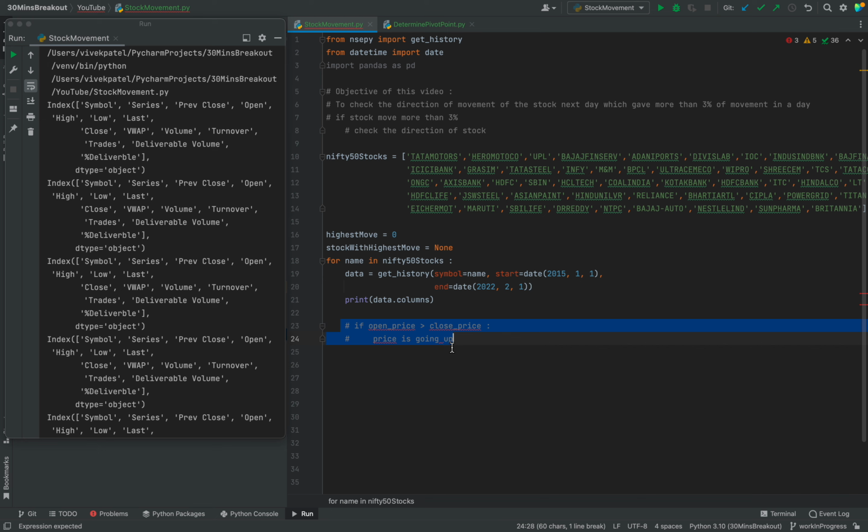So this is the condition for price going up, and this is the condition when price is going down.